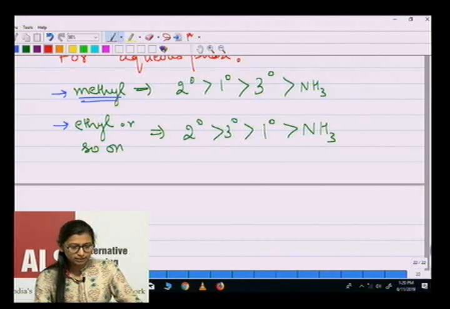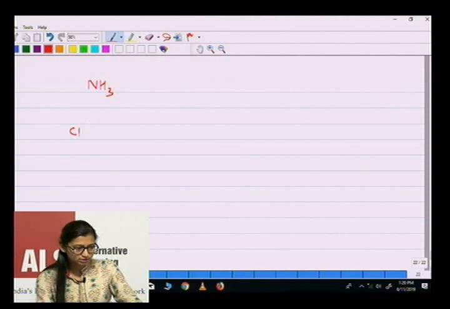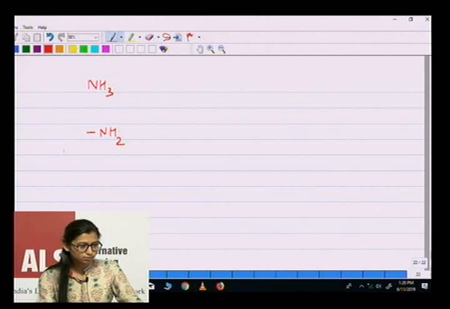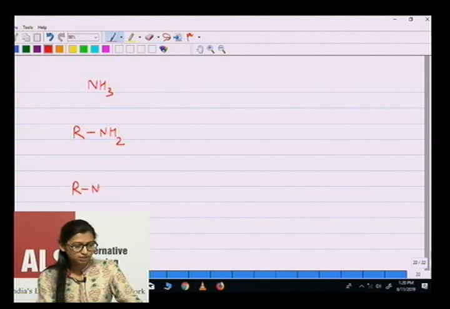I am writing the orders like this. Let's say I have CH3NH2, or instead of CH3, I should write R. R would be more convenient. R is any alkyl group. Now look at the screen. Let's say I have RNHR, and here I have R, N, R, like this.